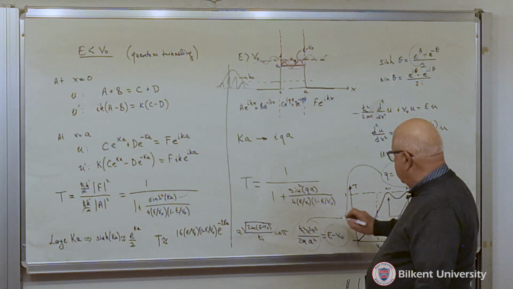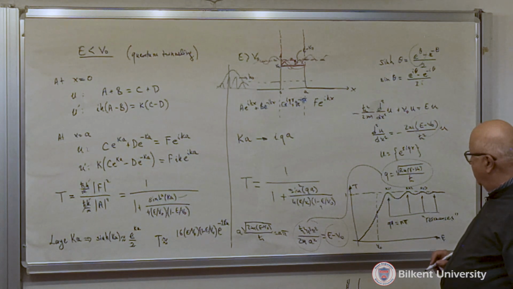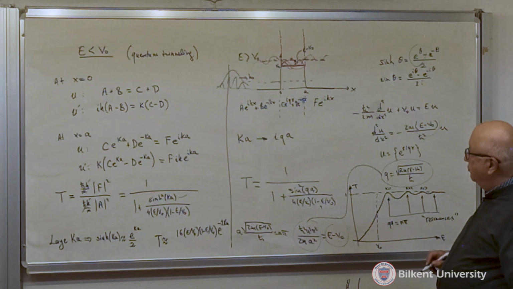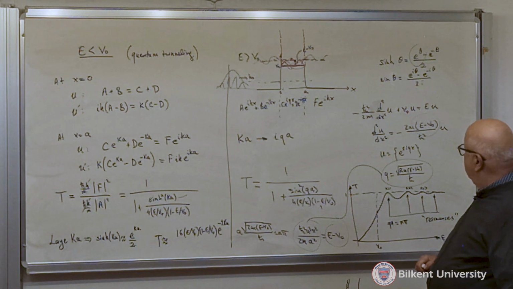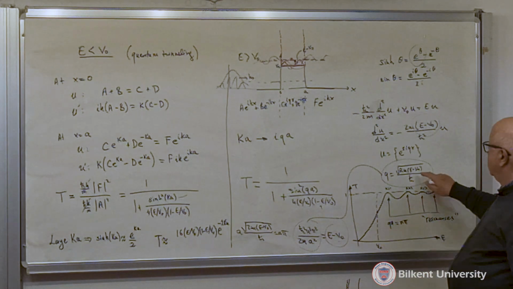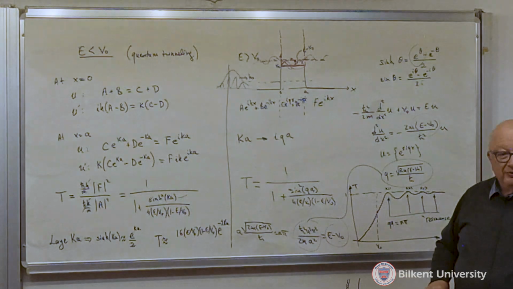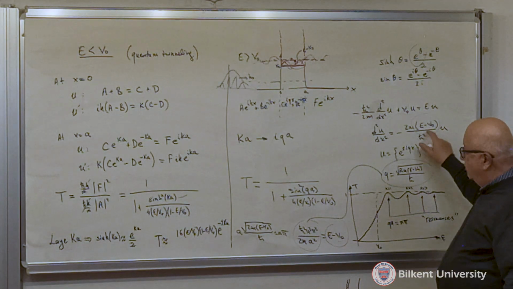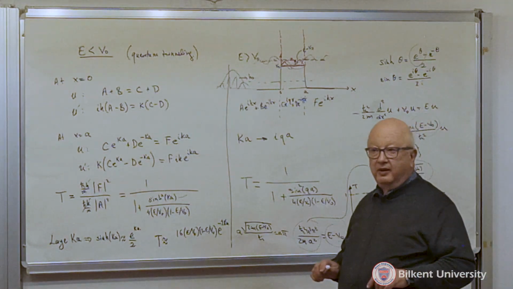I know that it's not 0 at that point, but I also have something in the numerator. Yeah, this goes to 0 also, so when they both go to 0, this ratio is probably okay.